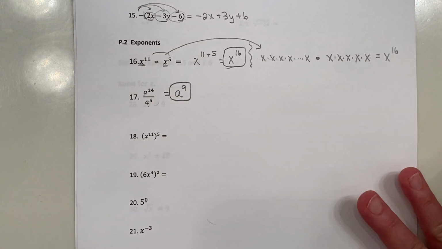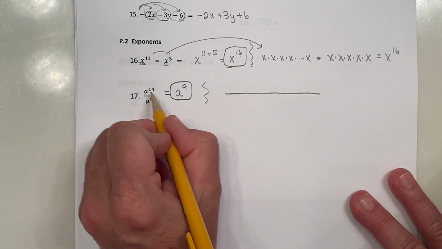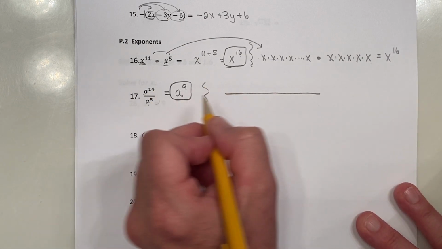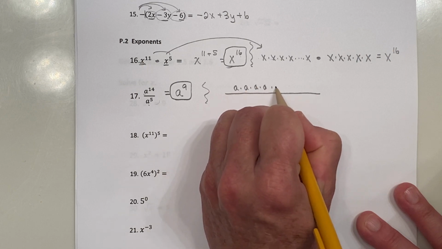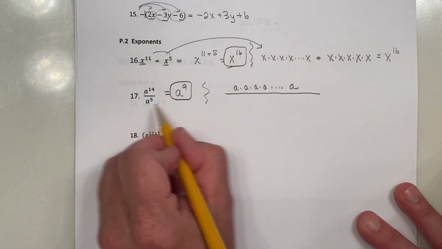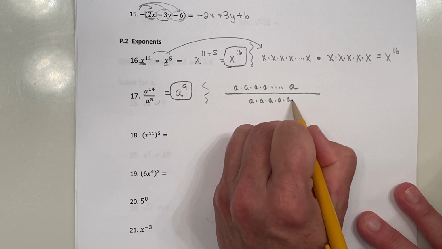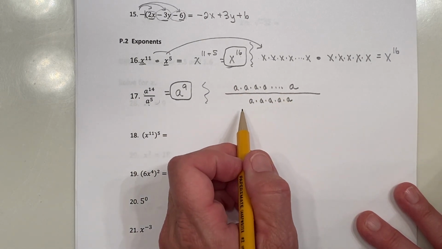And that's the answer. The math behind that, if you want to see it, is look at the numerator. If I expanded that exponential expression there, I would be multiplying 14 a's together, dot, dot, dot, and I eventually get to the 14th a. In the denominator, I'm multiplying 5 a's together. Well, if we have factors, we can reduce.